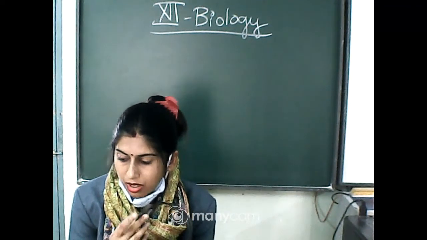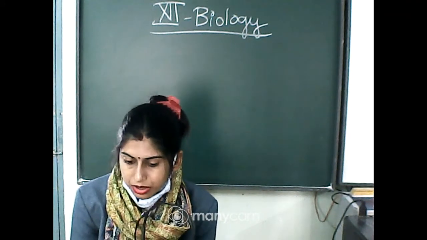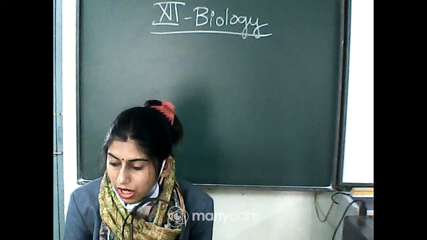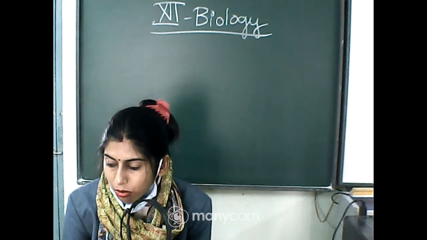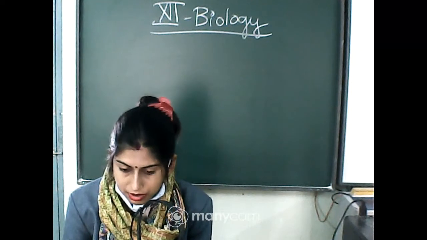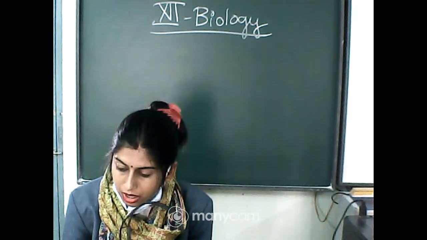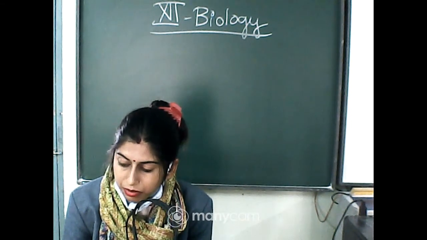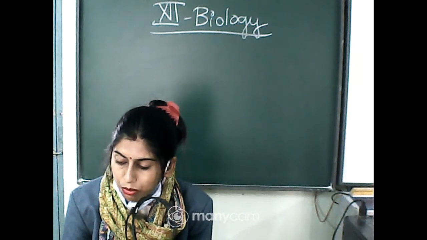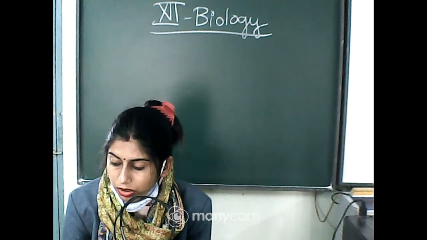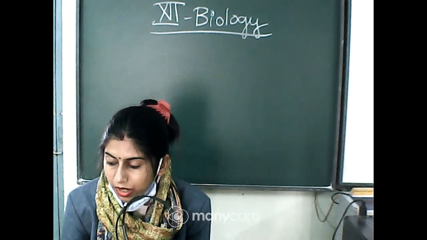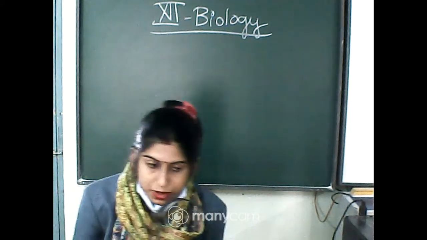Okay, so come to the third question. Give three hypotheses for explaining why tropics show greatest levels of species richness. I am repeating, the third question is, give three hypotheses for explaining why tropics show greatest levels of species richness.